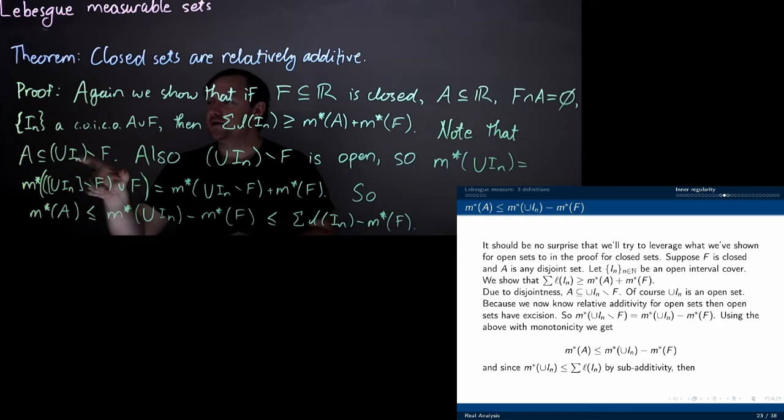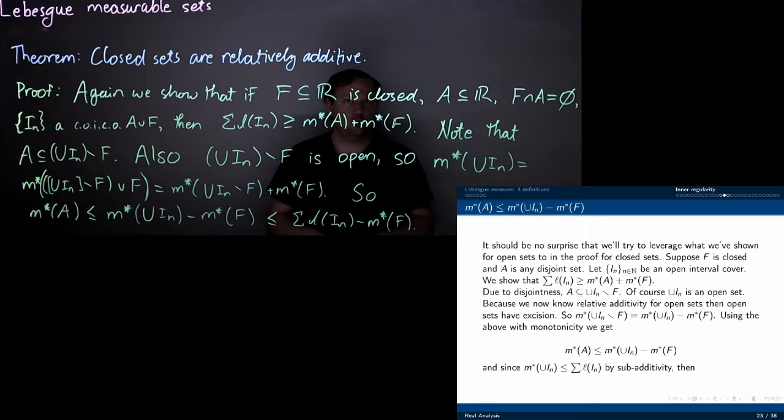And that's nice because this is transparently an open set, because if you translate this set minus into the intersection of the complement, then F complement is open, and intersecting an open set with an open set is open. So this is an open set.